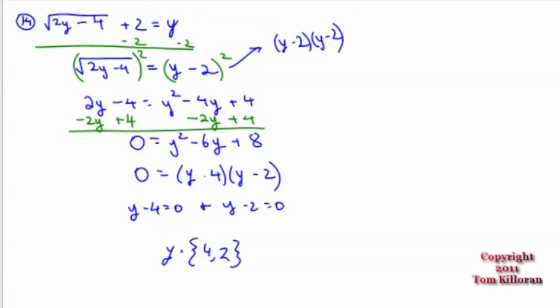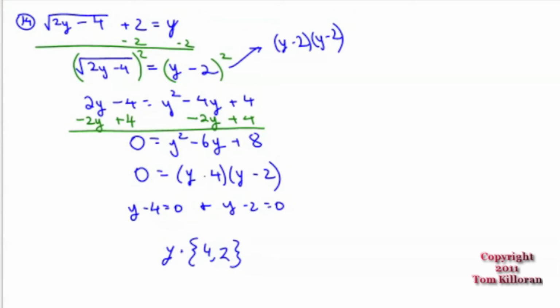Do they both work? Now this one's a little trickier to answer. For instance, in this last one over here, we had a square root equal to a negative, and pretty much we could say that one's not going to have any solutions.